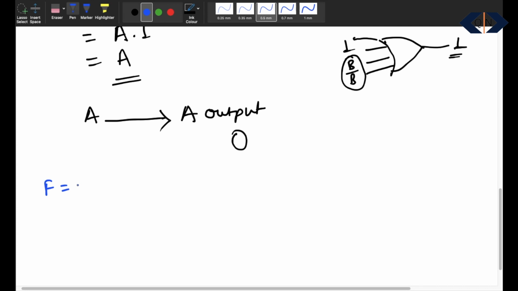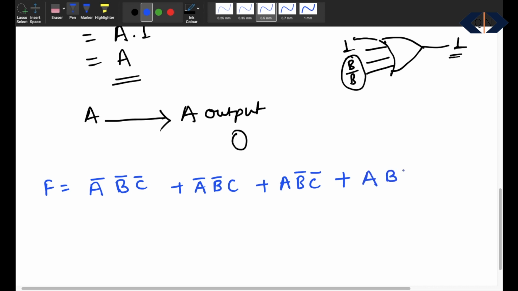So let's see, if our equation is a bar b bar c bar plus a bar b bar c plus A B bar C bar plus A B C bar.